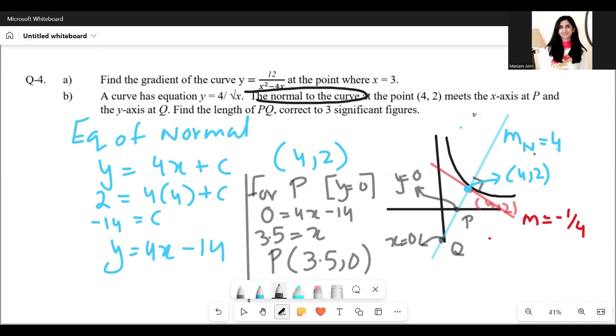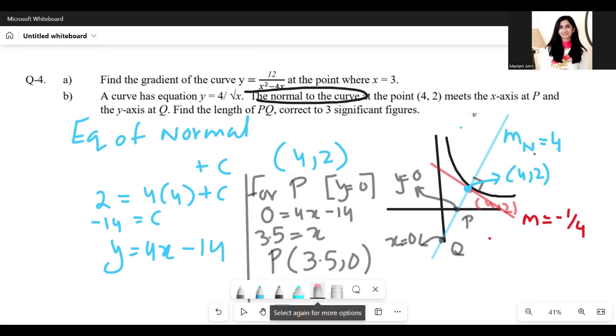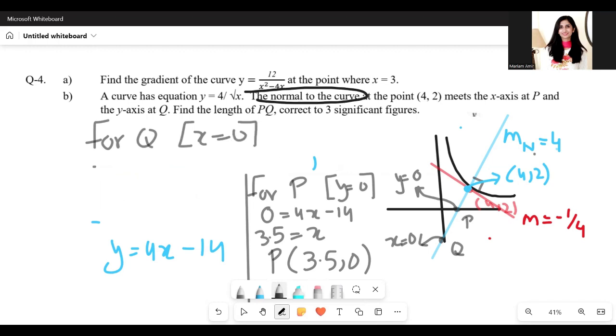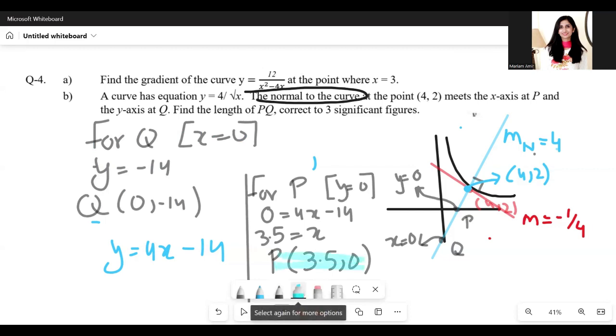Okay. Similarly, we need Q. So for Q, we're going to replace x with 0. For Q, x equals 0. So we have y equals minus 14. So Q is 0 comma minus 14. Okay. Now all we need to do is apply the distance formula on these 2 points.